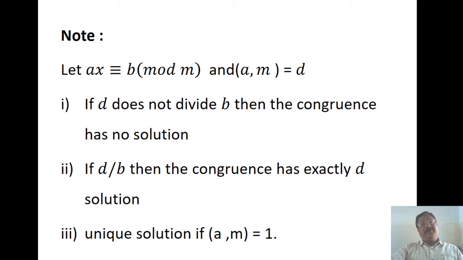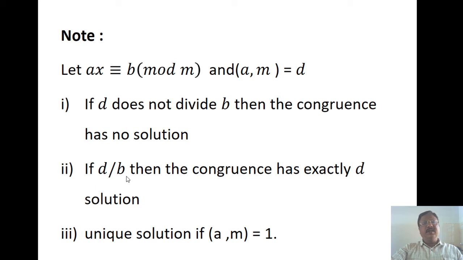Note, let ax be congruent to b mod m, and a and m having the GCD d. Then number 1, if d does not divide b, then the congruence has no solution. So this d, if it is not dividing b, then it has no solution.